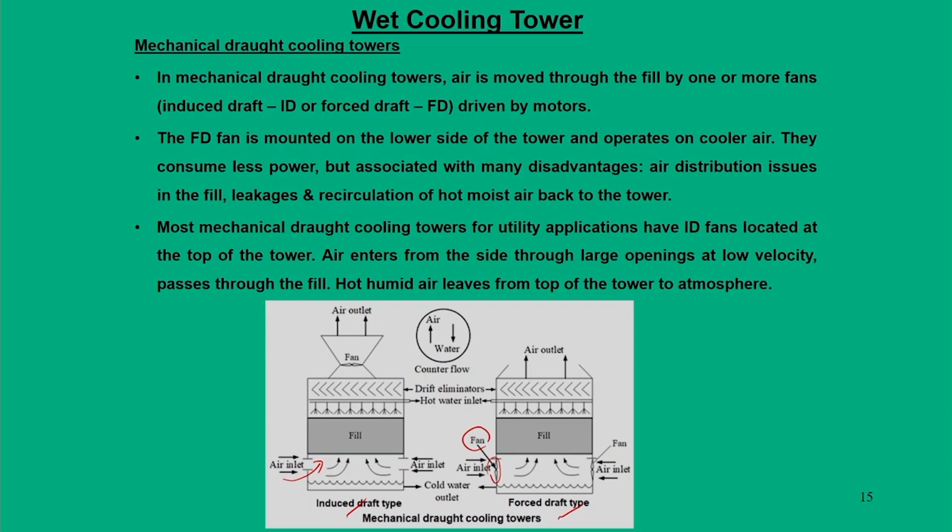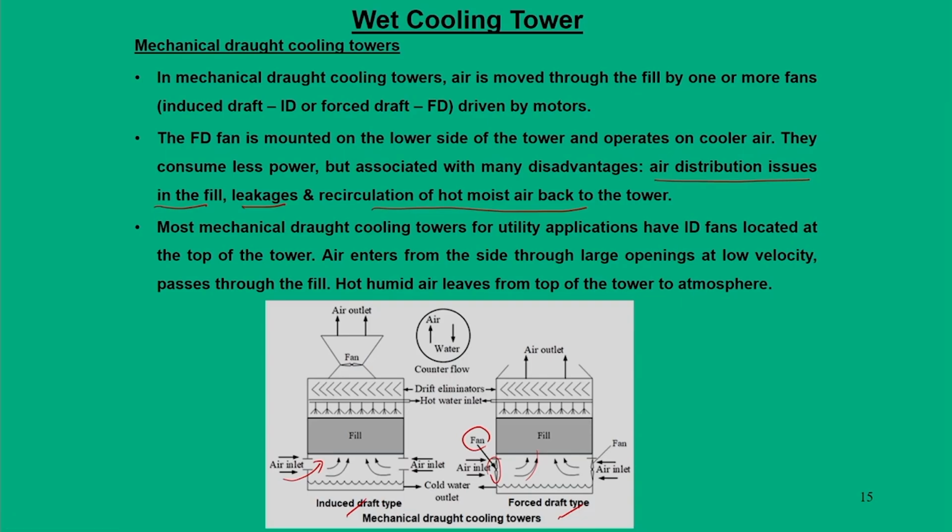But the main disadvantage in this process is that this fan introduces a back pressure, and due to this back pressure, air distribution issues in the fill arise. There is a possibility of leakages and recirculation of air back into the tower. That means if sufficient pressure is not maintained, air again tries to reverse back towards the main inlet. So, that is the main disadvantage of a forced draft type cooling tower.